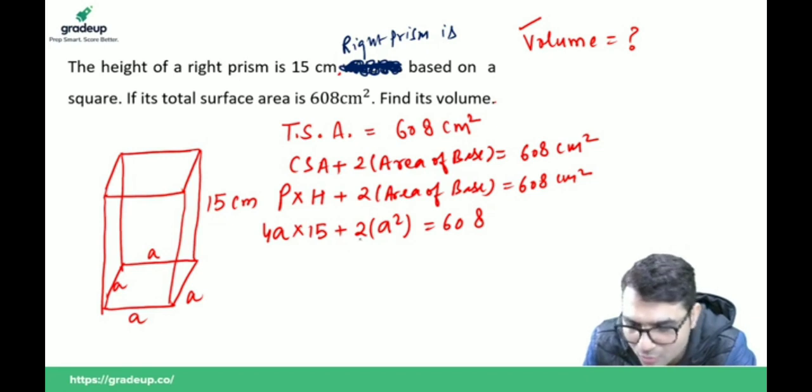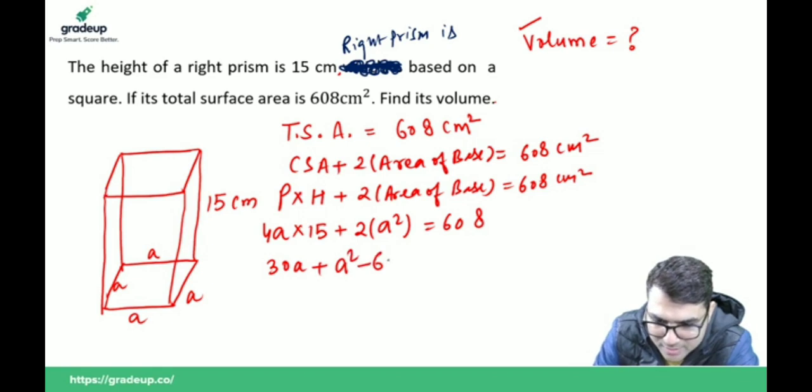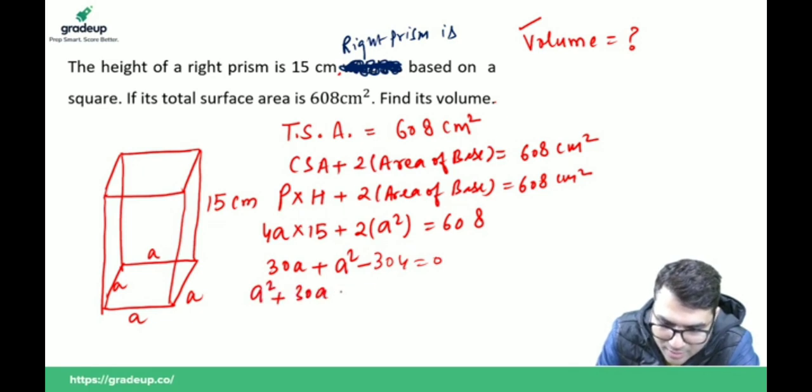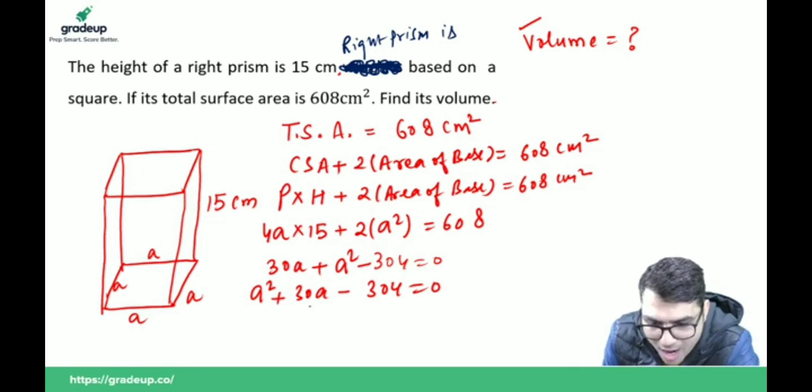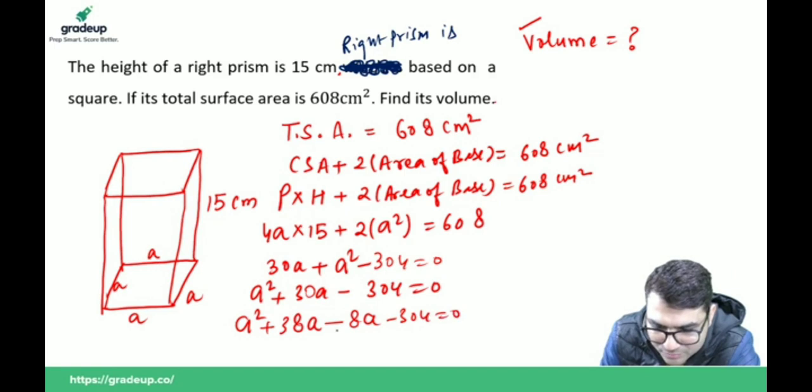Now divide by 2. What will I get? a square plus 30a minus 304 is equal to 0. Now listen carefully, I have to factor this. a square plus 38a minus 8a minus 304.